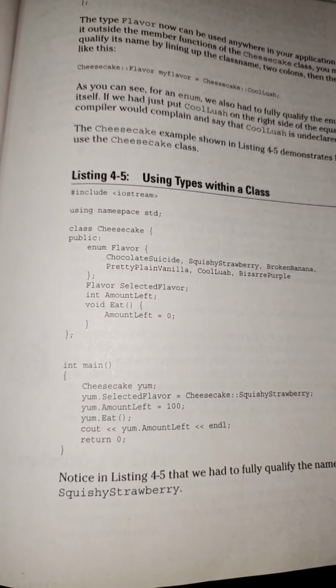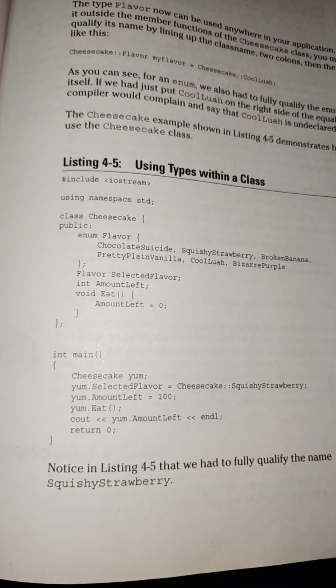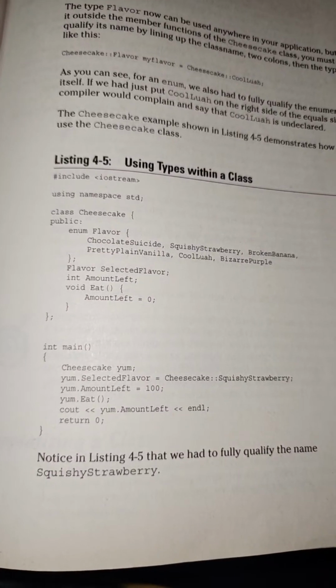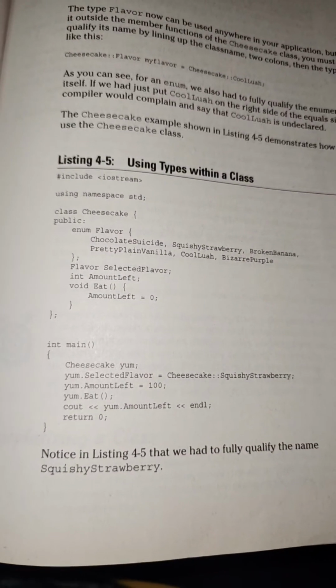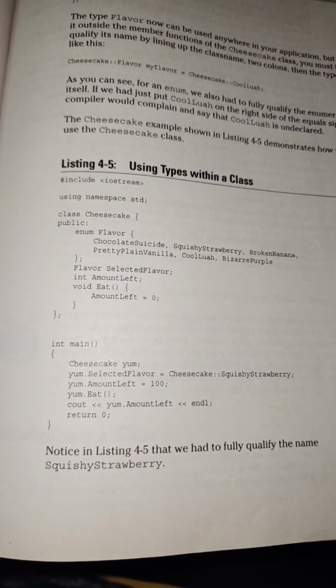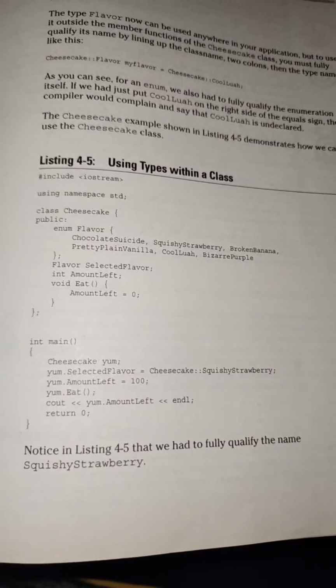Main: Cheesecake yum. yum.selectedFlavor equals Cheesecake::SquishyStrawberry, yum.amountLeft equals 100. yum.eat, cout yum.amountLeft, return 0. Notice in Listing 4-5 that we had to fully qualify the name SquishyStrawberry.